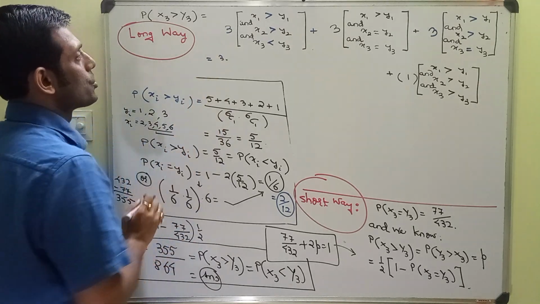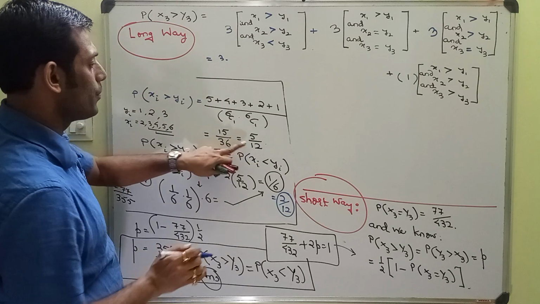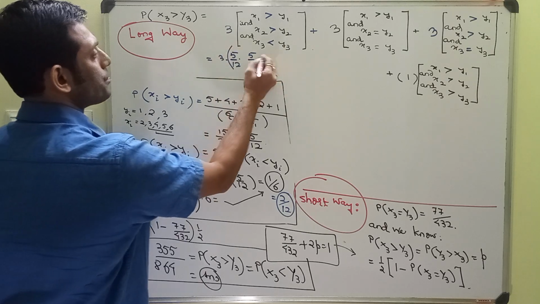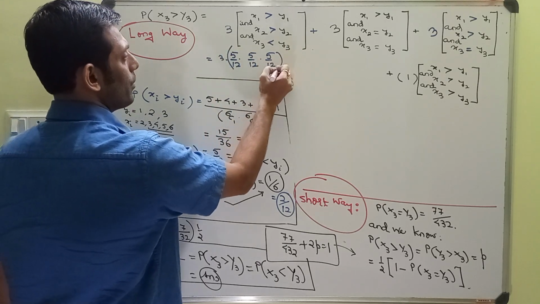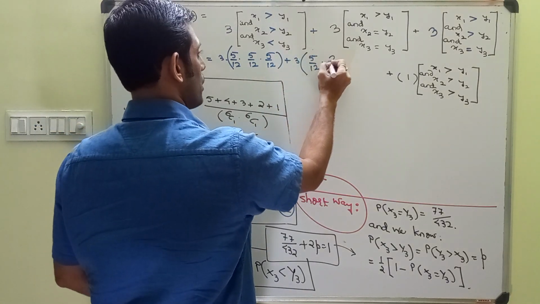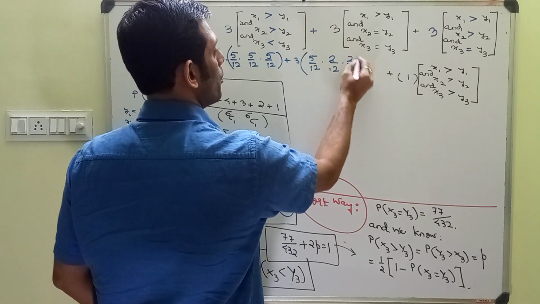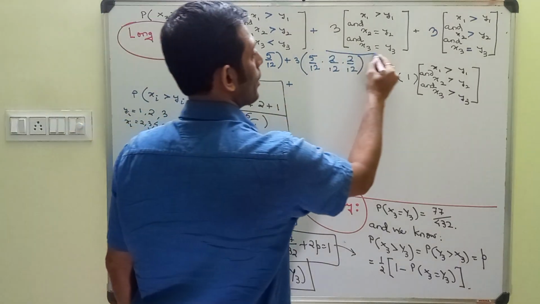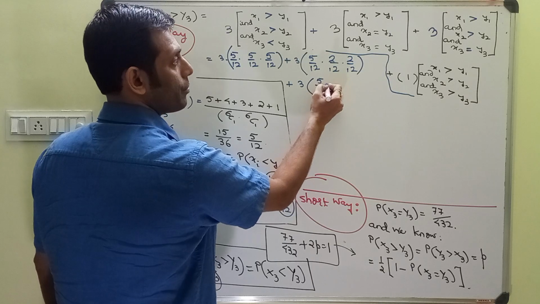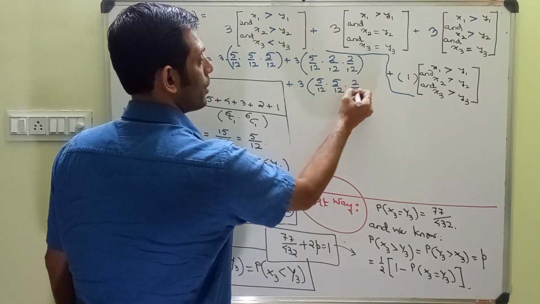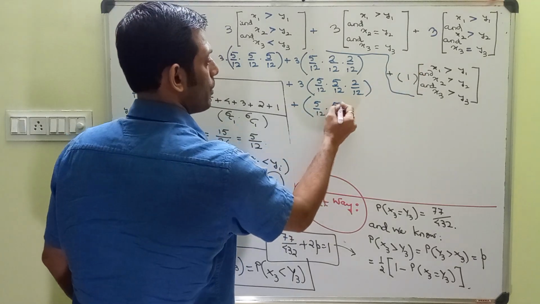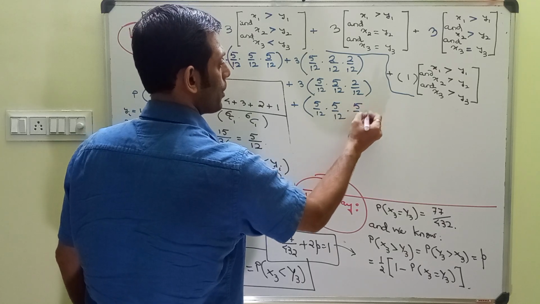This is equal to 3 times x1 greater than y1, meaning 5 by 12, this is another 5 by 12, plus 3 times 5 by 12, 2 by 12, 2 by 12, plus 3 times 5 by 12, 5 by 12, 2 by 12, plus 5 by 12, 5 by 12 and 5 by 12.